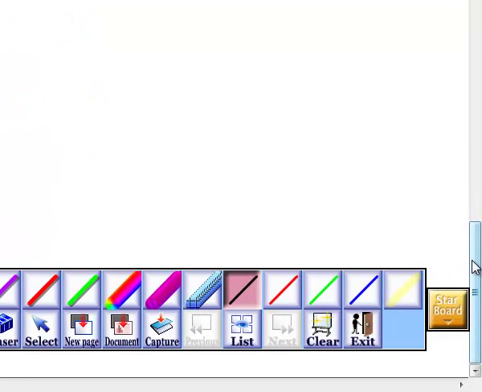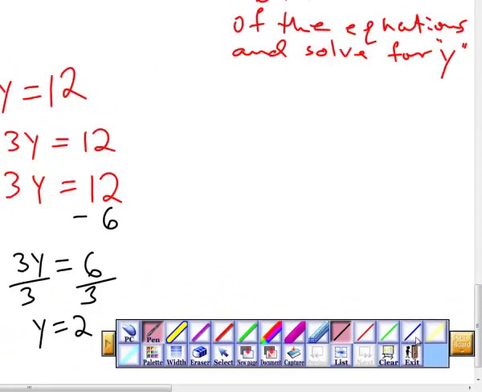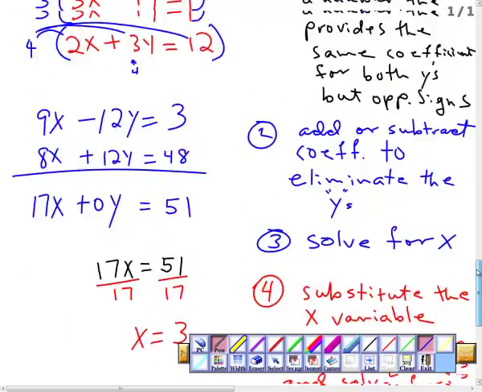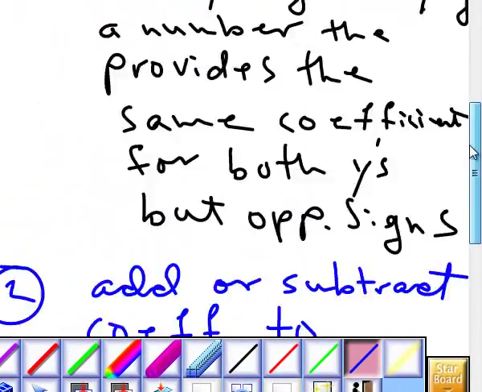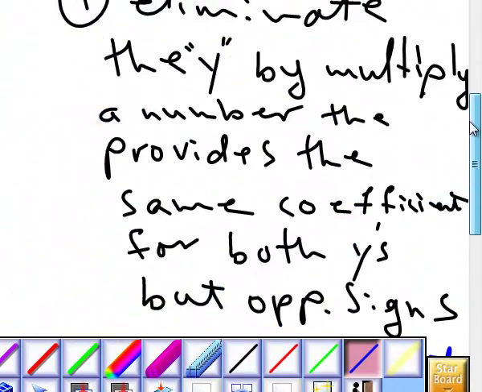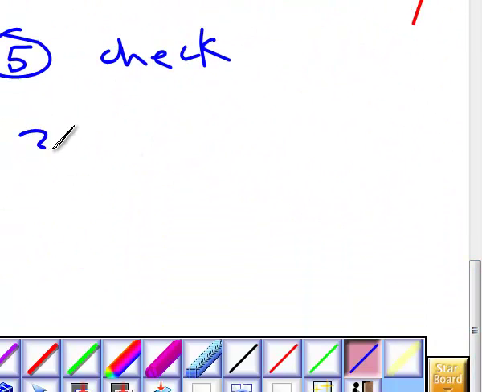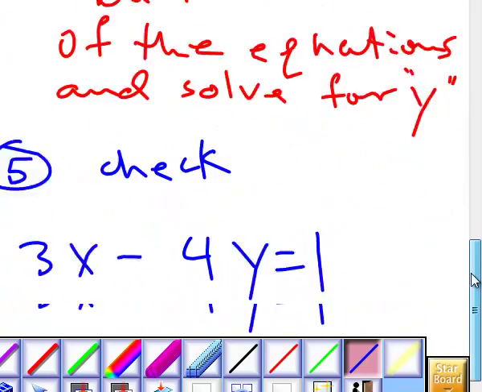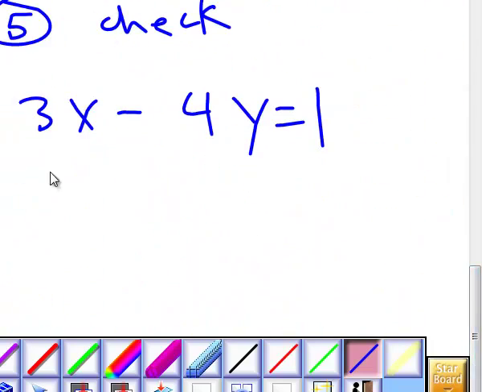All right, and so now for the last step, 5, we check it by, again, substituting the x and y variables into the other equation. Since we used 2x plus 3y, we're going to use the other equation, 3x minus 4y equals 1. And so we're going to substitute both.